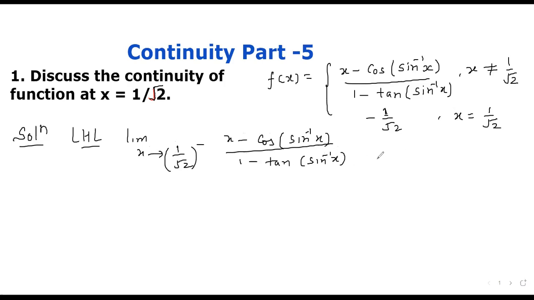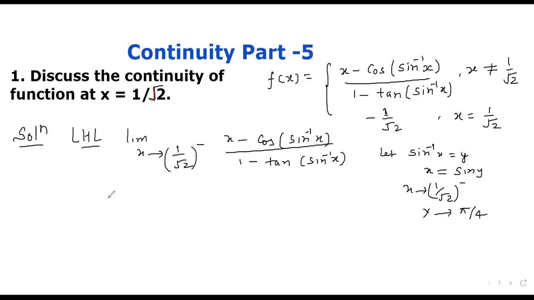Now let's make some assumptions. Let sine inverse x equal y, then x equals sine y. And when x tends to 1 upon root 2 minus, then y will tend to pi by 4.